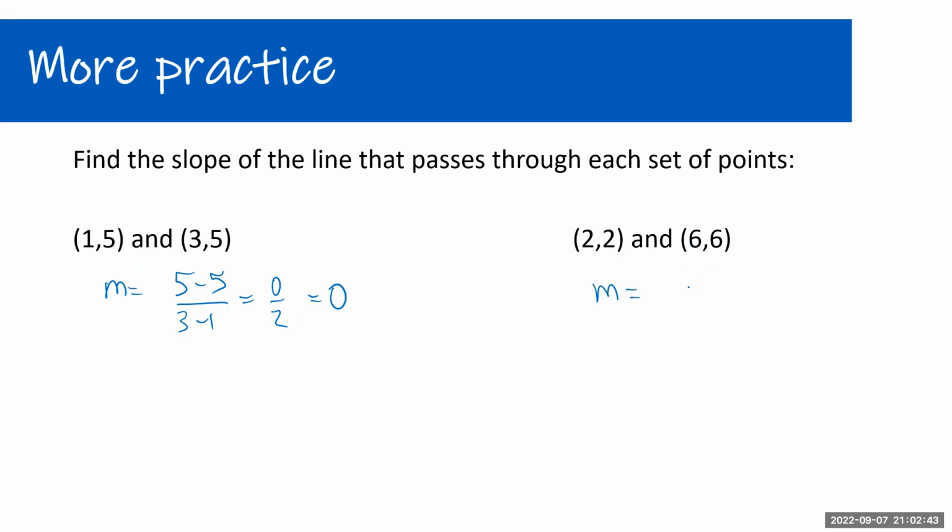Our slope is going to be 6 minus 2 over 6 minus 2, which is going to be 4 over 4, which is going to give us 1. Okay. This is going to be that y equals x line. But just because you don't see any change between these two, that has nothing to do with your slope. Okay. X and y changing within a single point. You have to compare 2 points. Y's to y's and x's to x's.